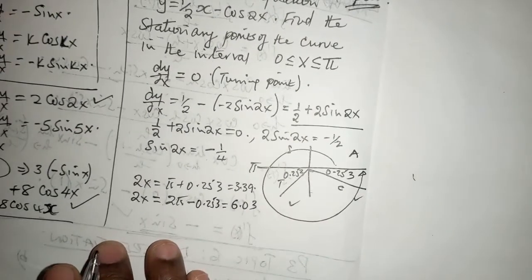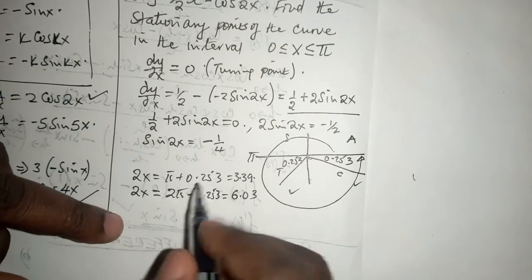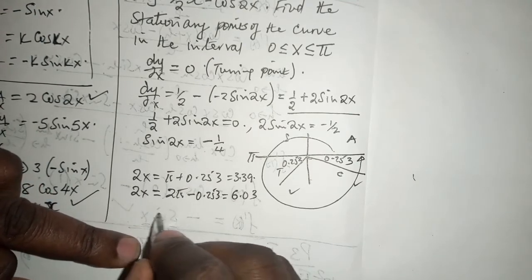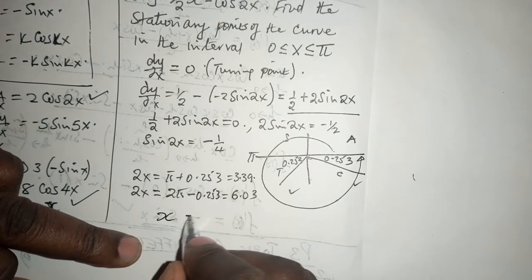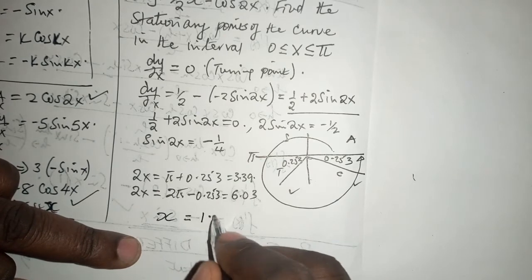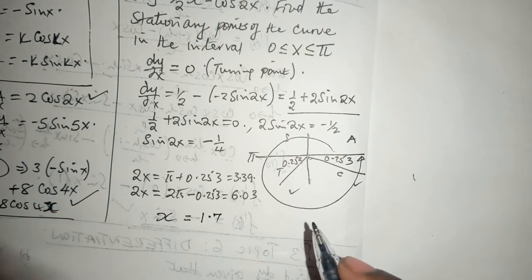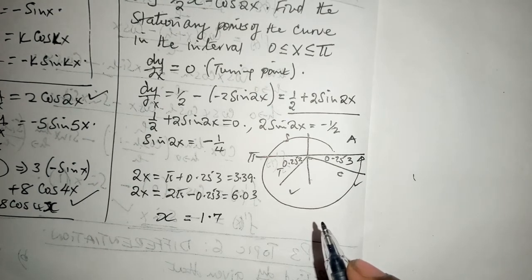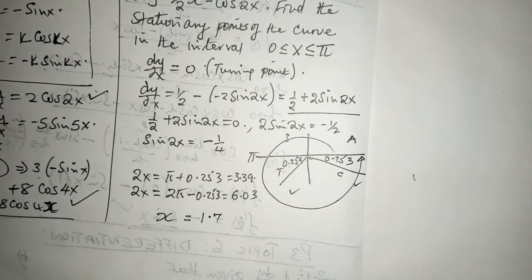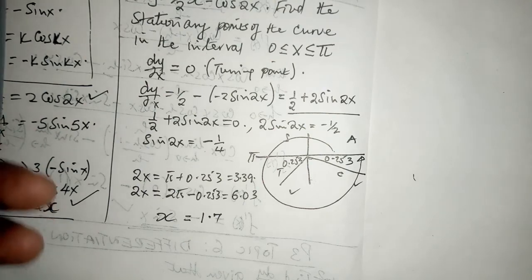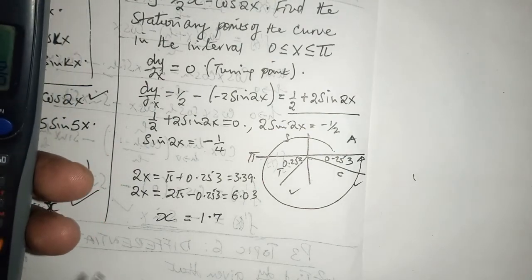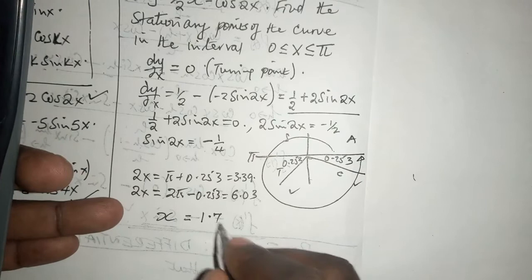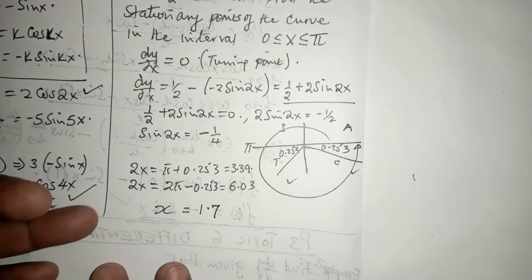Because this is 2x, we are going to talk about x as a half of this. 3.39 divided by 2 is 1.69, which is 1.7 to 1 decimal place.